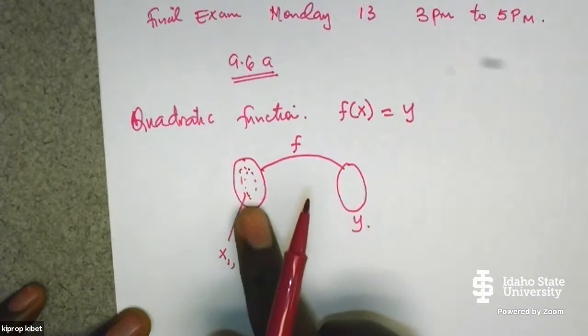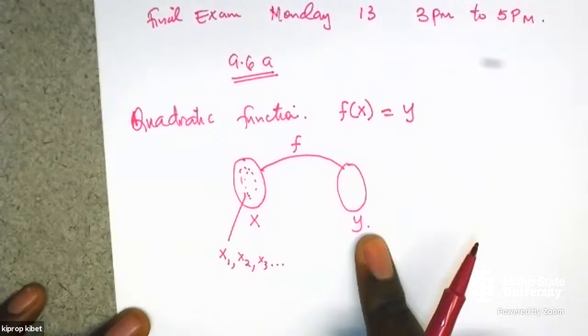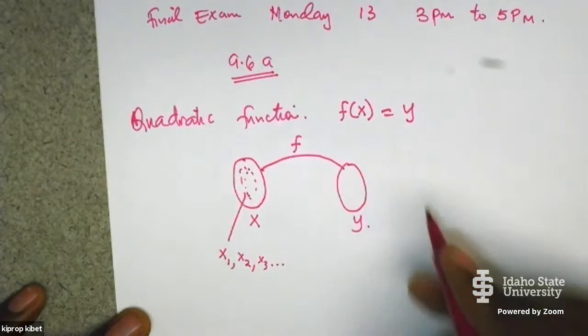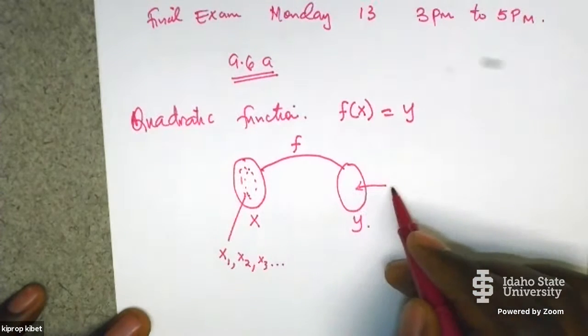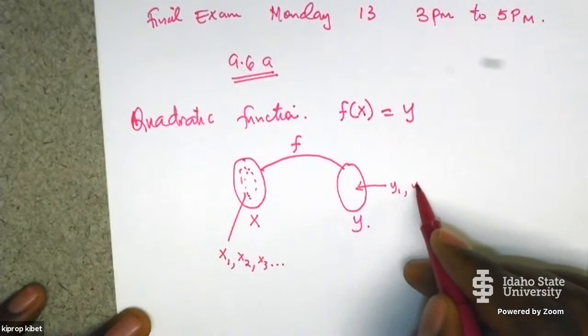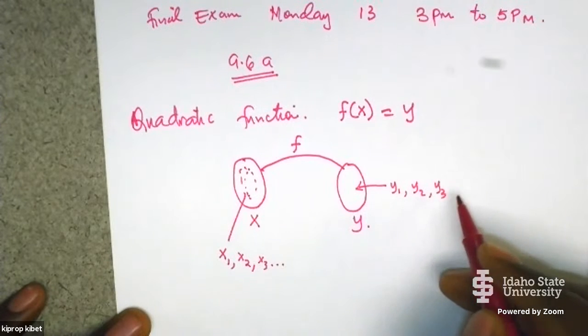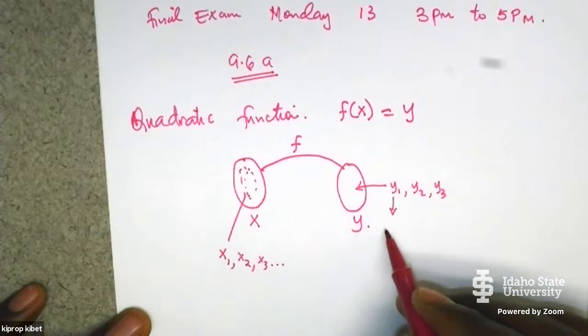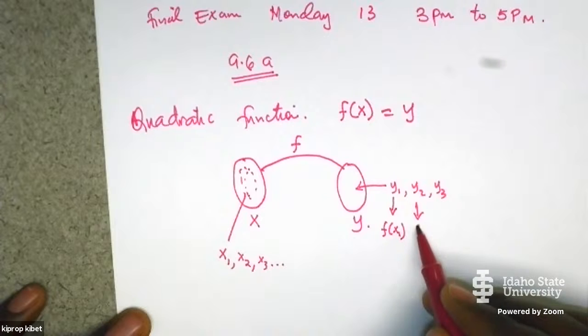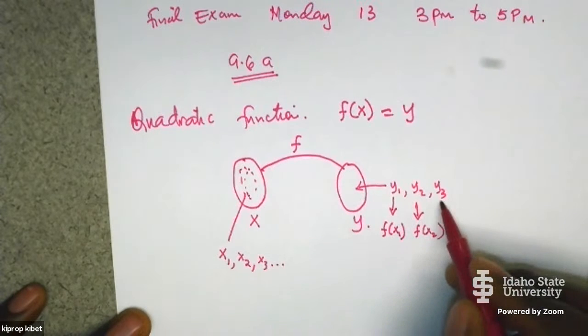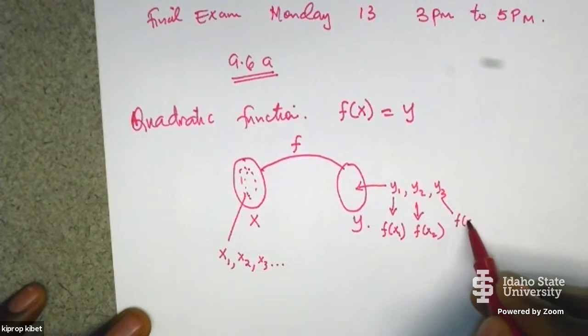Now, to connect them to y, what we get here are y1, y2, y3. And this y1, y2, y3 is the same as f of x1, f of x2, f of x3.